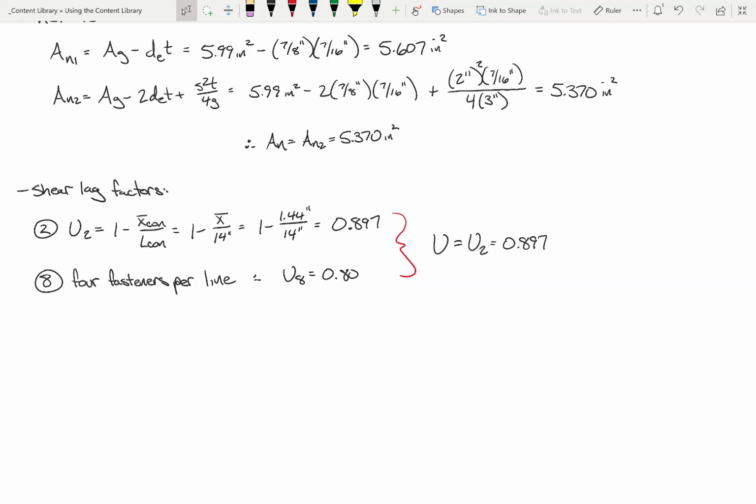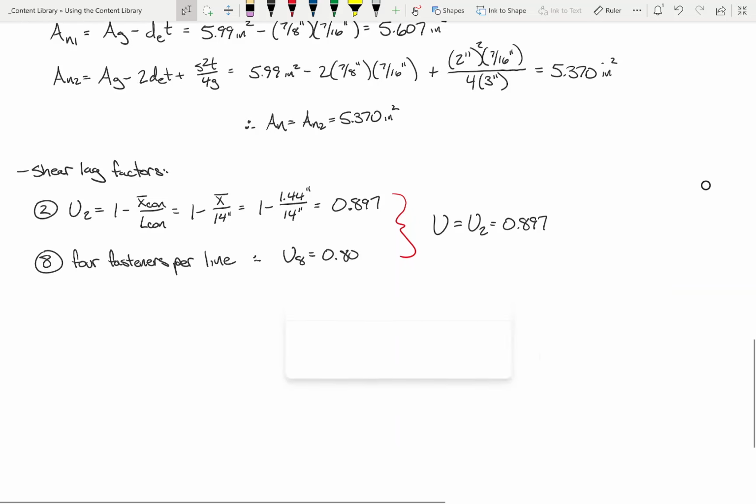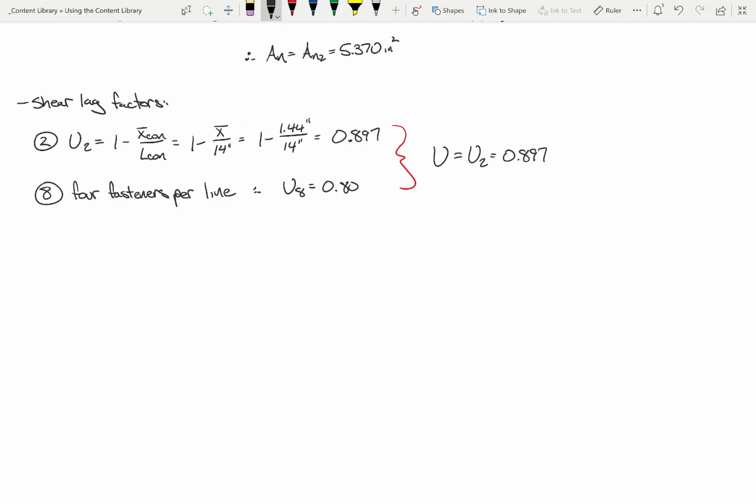So now what do I do? I've got my net area. I've got my shear lag factor. I can start doing my factored strengths. So I have my gross section yielding, my net section fracture. Gross section yielding was, remind me, what was that again?